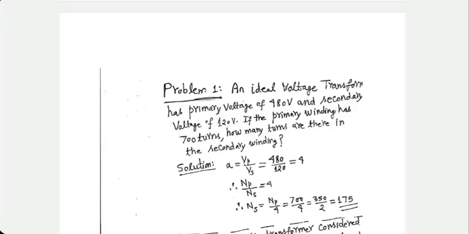A is simply Vp divided by Vs, 480 divided by 120, which is 4. The primary winding has 700 turns, so Np is 700. So Ns will be 700 divided by 4, 175. Simple calculation.